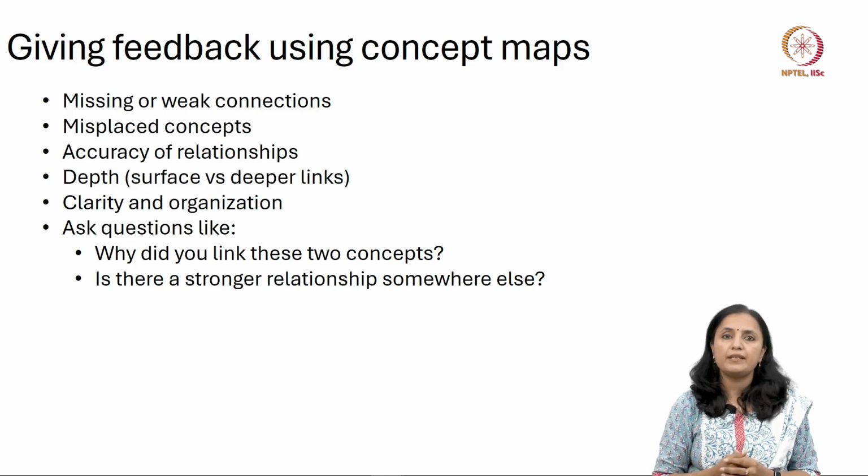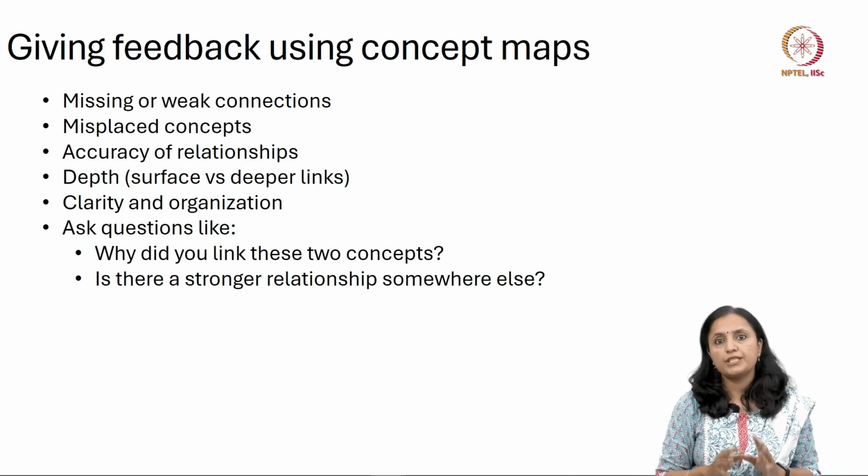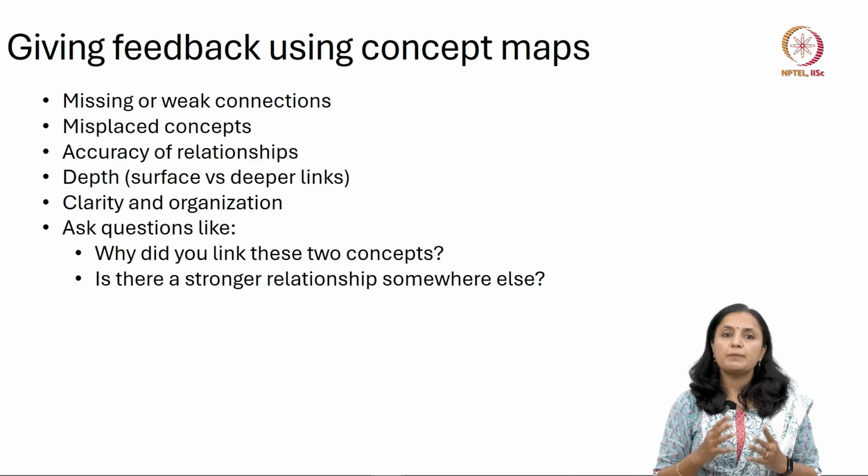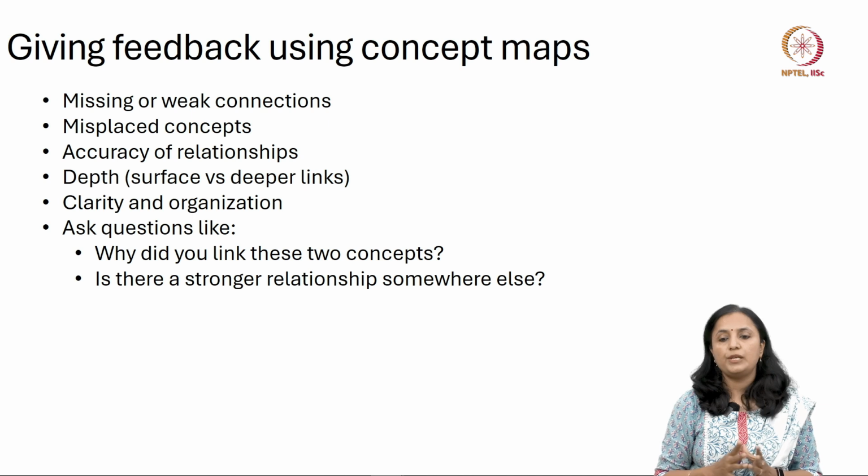The second can be misplaced concepts. Sometimes the right ideas are present but located in the wrong position in the concept map. This might show that students do not fully understand the hierarchy, the sequence, or sometimes the cause and effect relationship between different concepts.